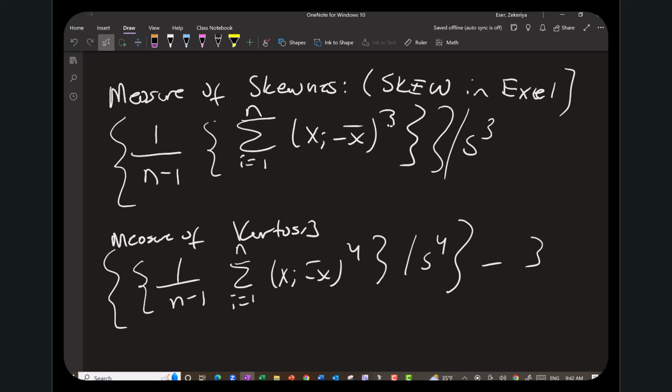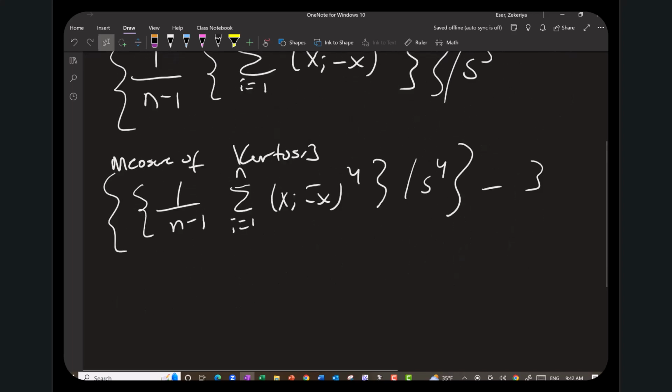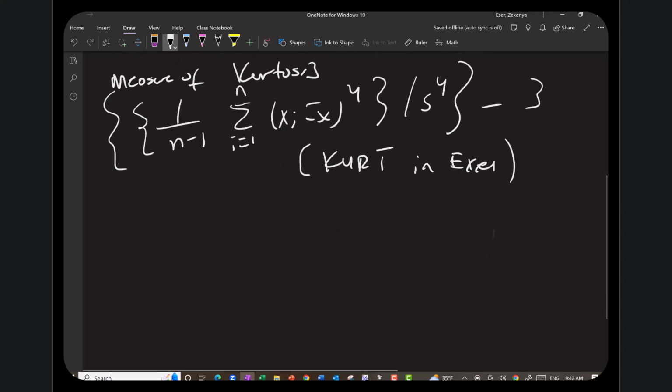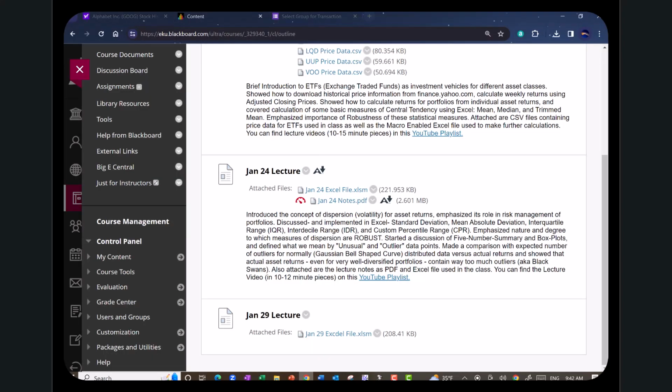Those worries are even magnified here. The Excel function for that is KURT. I'm not even going to calculate it. It will roughly give me an idea, but I am more interested in some robust measures.